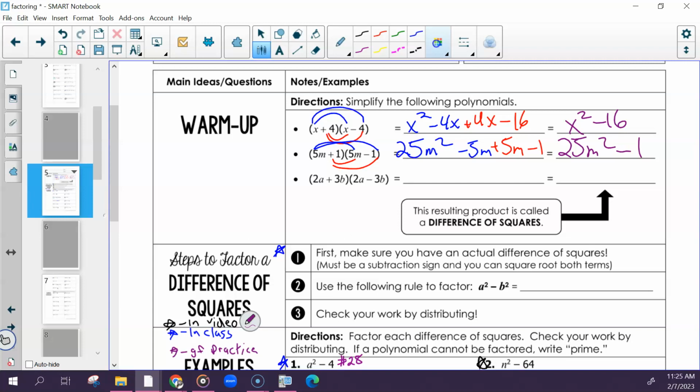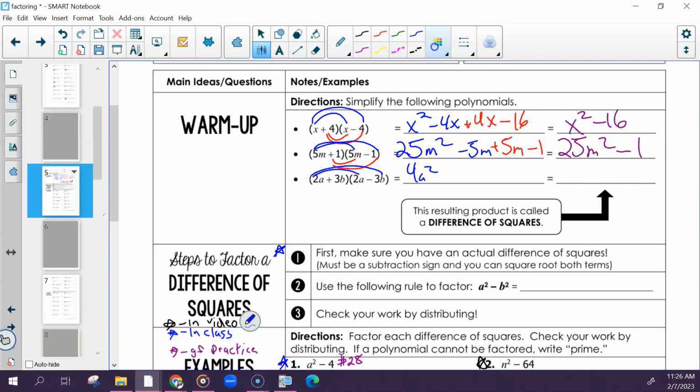Anyone want to take a guess as to what the final answer for this one would be? We can also do it. 2a times 2a. 4a squared. 2a times negative 3b.